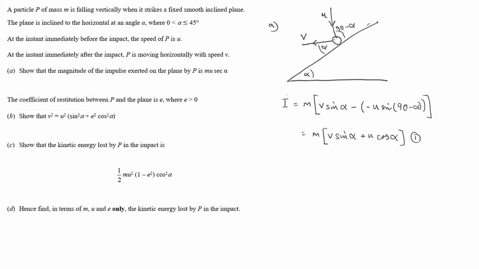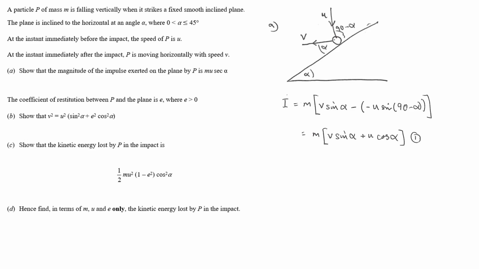Right, I've used the impulse equation there. Magnitude of the impulse. So that's what the impulse is, mu sec alpha. So obviously it's going to have impulse somewhere. So I started off with the impulse, which acts perpendicular to the plane. So I did the perpendicular components of the velocity.